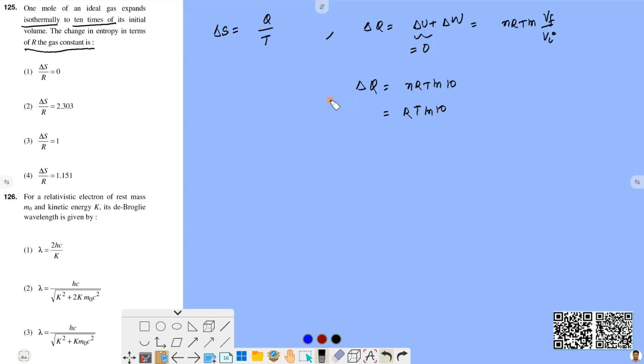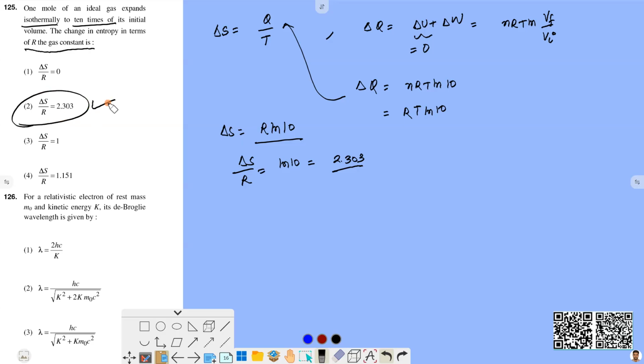Now we can substitute this value here, that delta S becomes R into ln 10, and from this delta S by R is equal to ln of 10. Now ln of 10 is equal to 2.303, and that is basically option number 2 for us. So option 2 is right here.